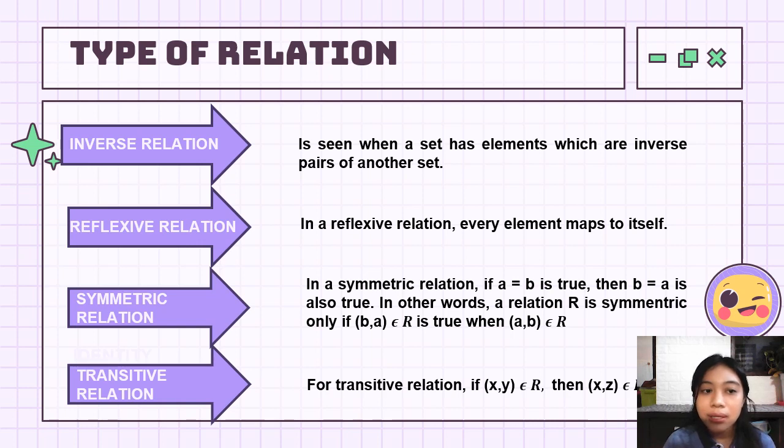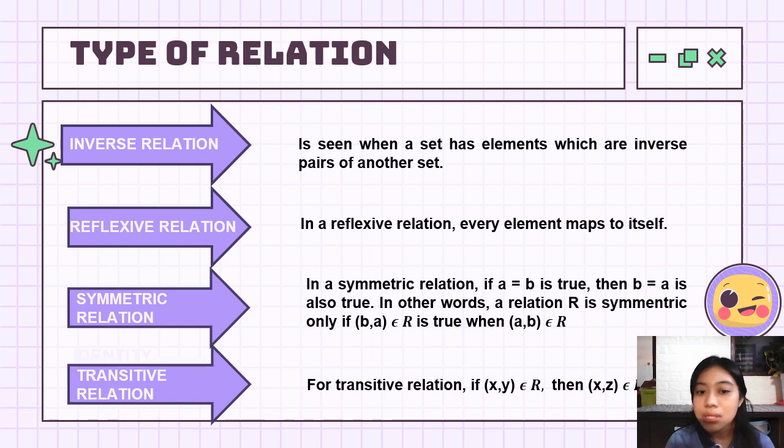Fourth, inverse relation is seen when a set has elements which are inverse pairs of another set. Fifth, reflexive relation. In a reflexive relation, every element maps to itself. Sixth, symmetric relation. In a symmetric relation, if (A, B) is true, then (B, A) is also true.